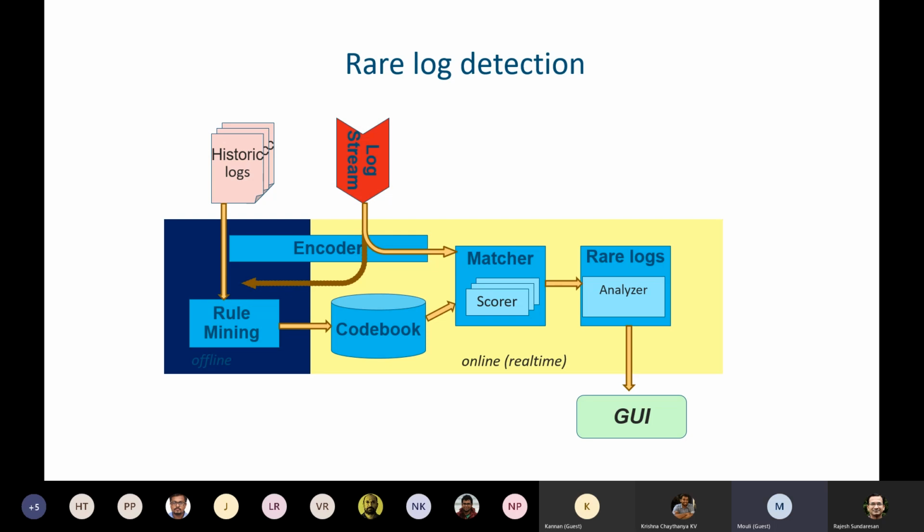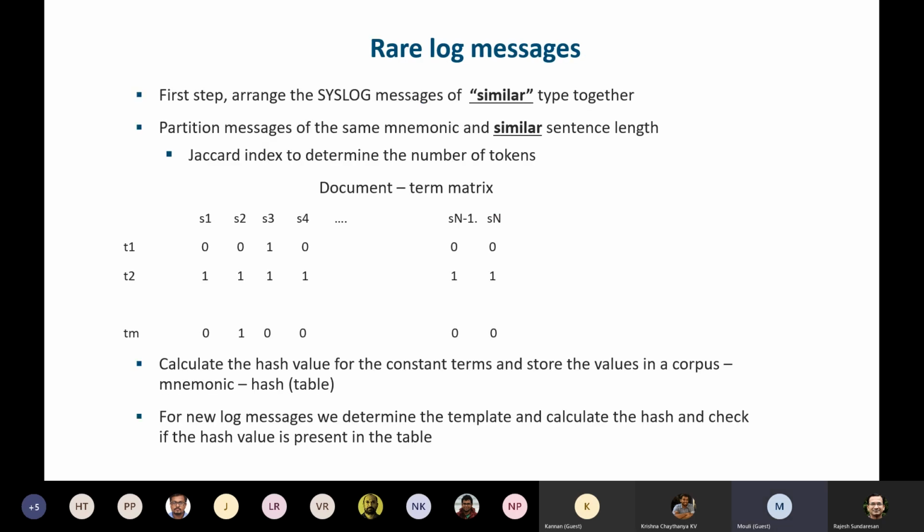So yeah, let's go to the next slide. I'm just describing the mechanics of how to do that. When we have the repository of 10 million or 20 million messages, I have to group the messages that are similar.